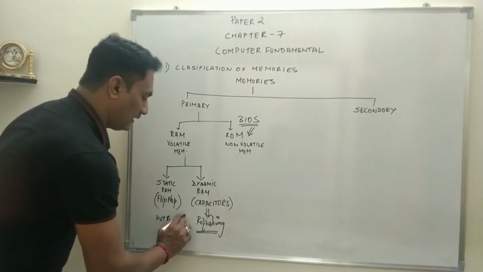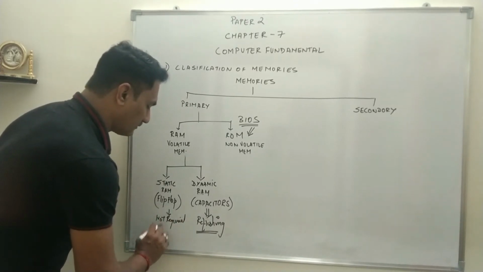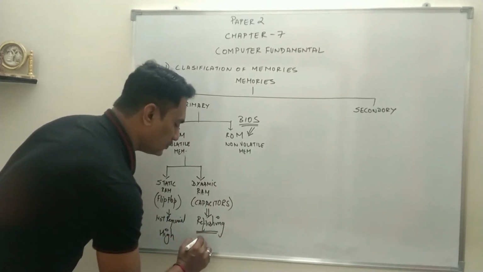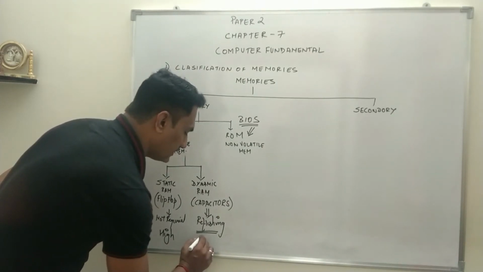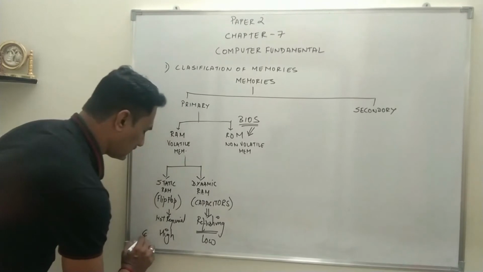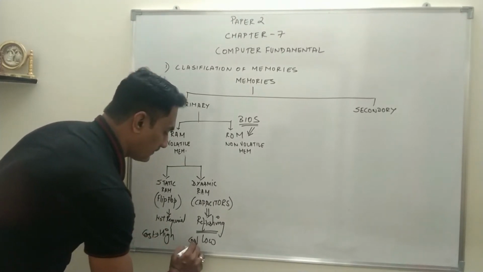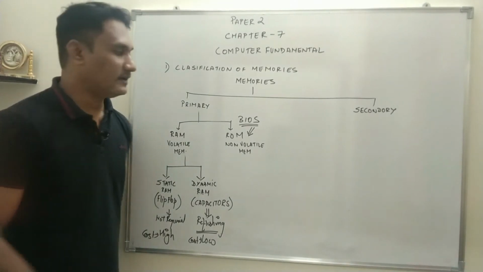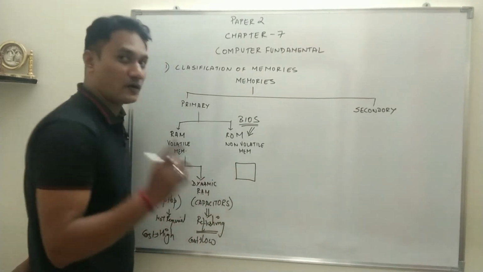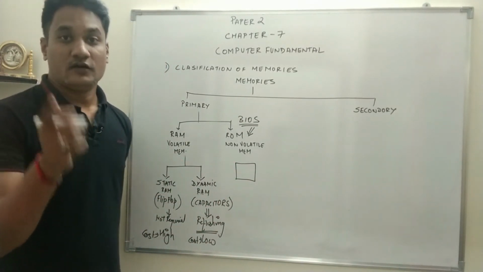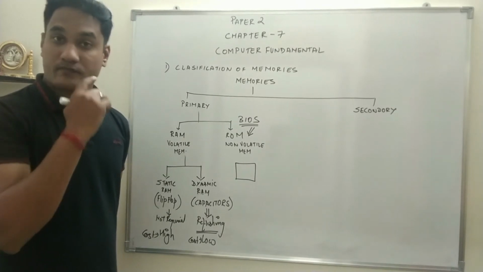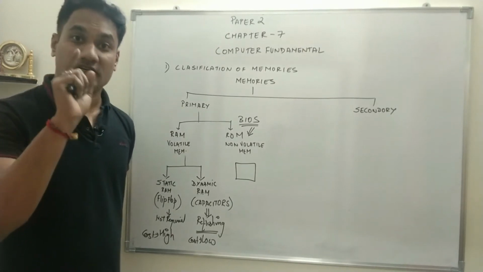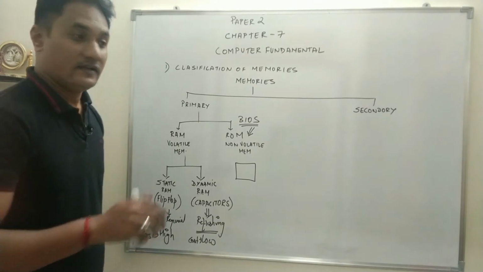Now cost wise, flip-flop memory is very high, whereas capacitive memory is very cheap, very low cost wise. And again volume wise, to make one memory location I need one flip-flop. To design one flip-flop I need at least two gates, and to design one gate I need at least 4 transistors.